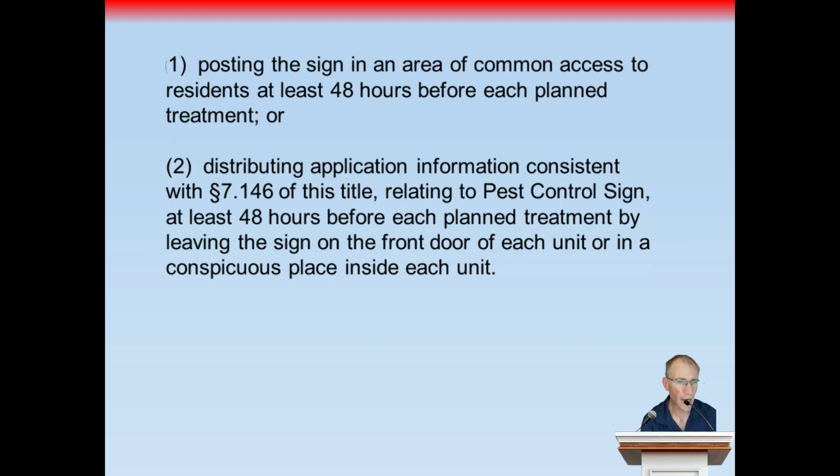Posting the sign in an area of common access to residents at least 48 hours before each planned treatment. Or 2. Distributing application information consistent with 7.146 of this title relating to pest control sign at least 48 hours before each planned treatment by leaving the sign on the front door of each unit or in a conspicuous place inside each unit.